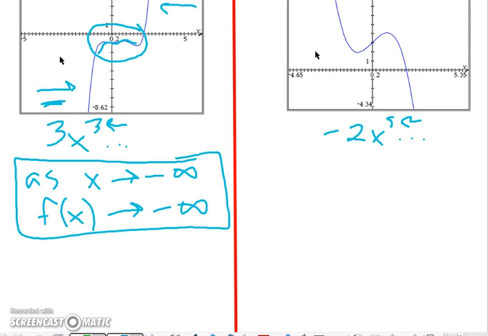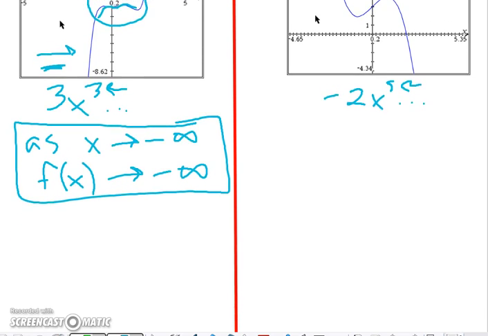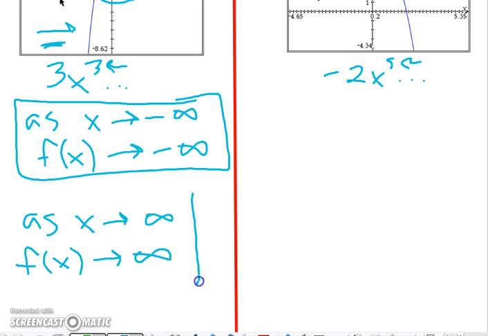If we look at the right side of the graph, as we get closer to the largest value we can possibly have, as x goes to positive infinity, f of x goes to positive infinity as well. That's the second thing that happens.